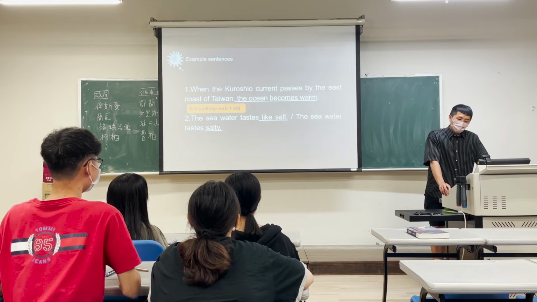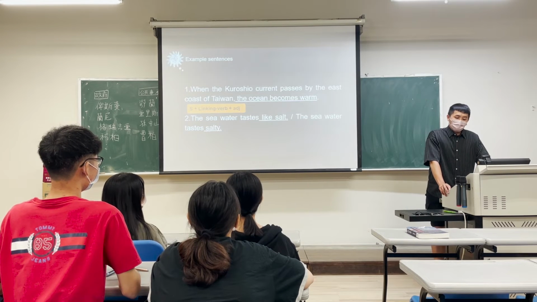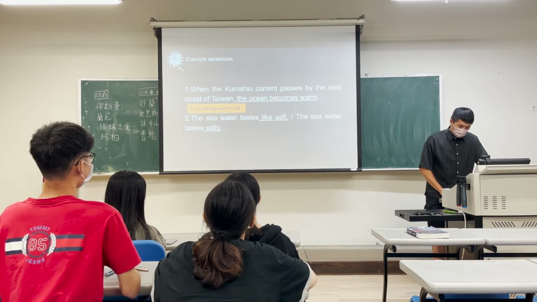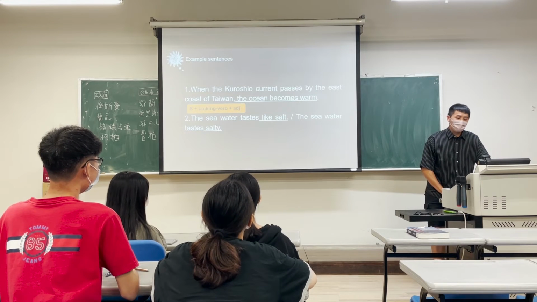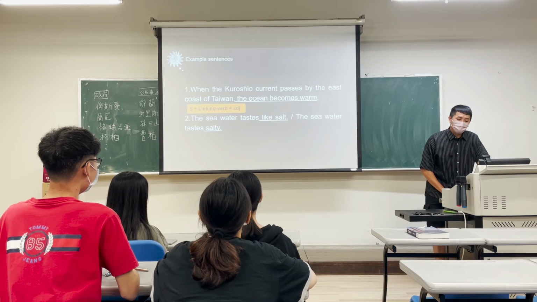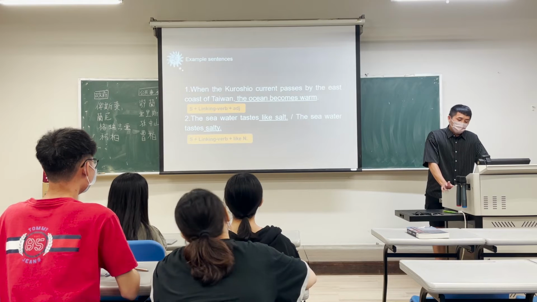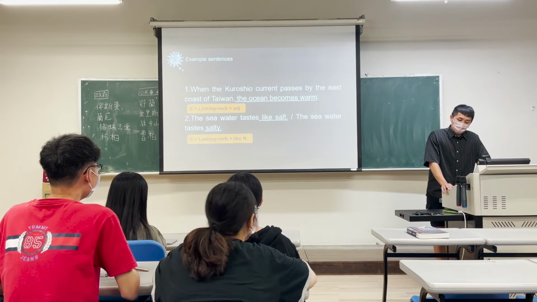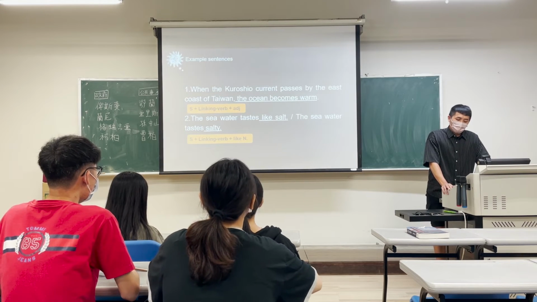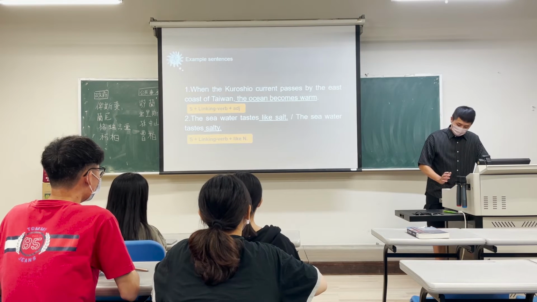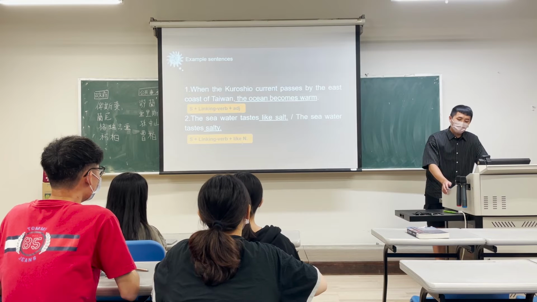And another noun, salt. Any other? Oh, and like is a verb. Like is not a verb. The verb is taste. In a sentence, we only have one verb. But the sentence pattern is subject, which is the seawater, plus a linking verb, taste, and like, plus a noun, salt.